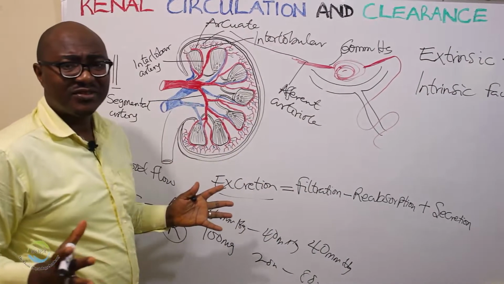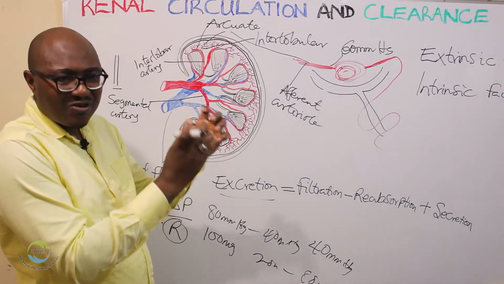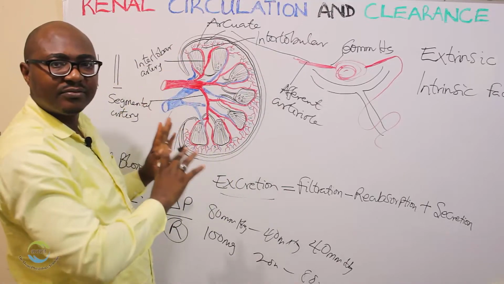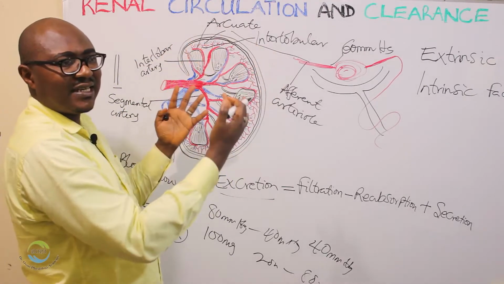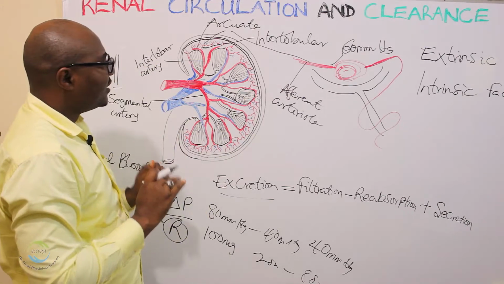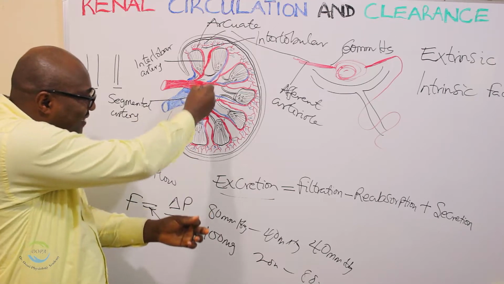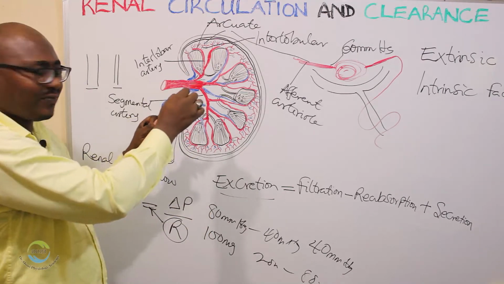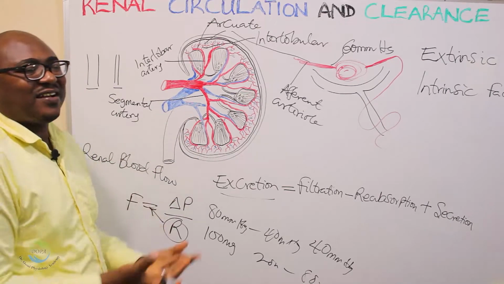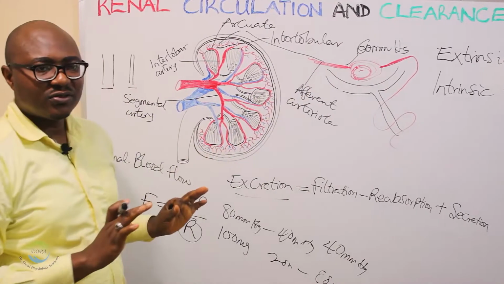When you talk about extrinsic, what are you talking about? It means those factors, those control mechanisms that are external to the kidney, outside the kidney, but they influence the renal blood flow. Then intrinsic factors are factors within the kidney itself that regulate its own flow. In other words, the kidney itself can regulate how much blood flows through these vessels.